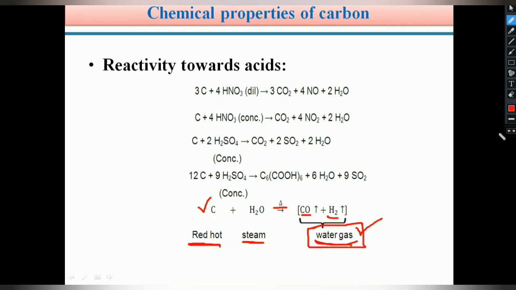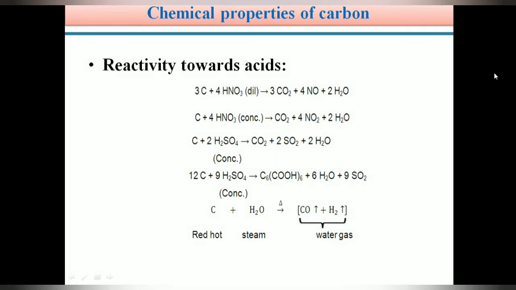Red hot carbon is treated with steam at high temperature, and it produces carbon monoxide gas plus H2 gas. It is very simple: carbon plus H2O gives CO plus H2, combinedly known as water gas. Very important, you can remember this equation. So carbon reacts with water only under specific conditions.